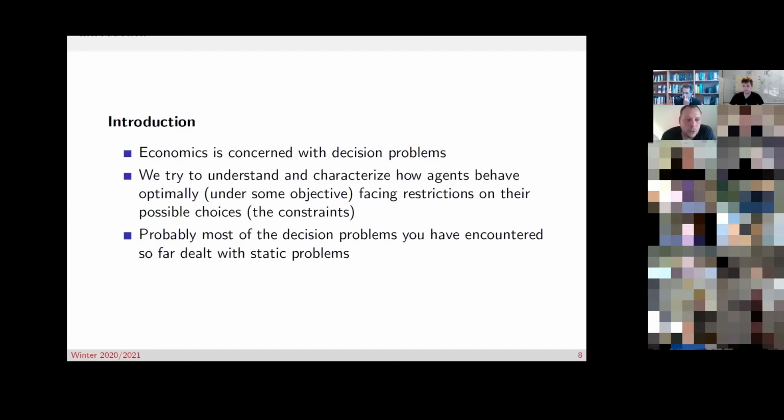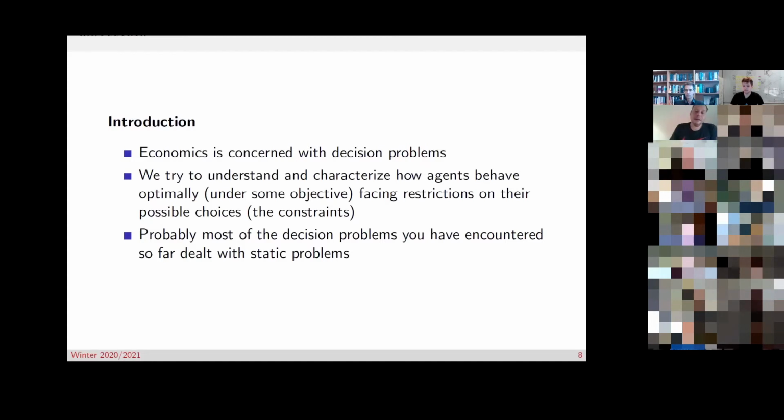Okay, so usually we think that we want to describe how an agent maximizes or minimizes, chooses optimally something to fulfill some objective. Okay, and at the same time, he or she faces some restrictions in reaching this objective.